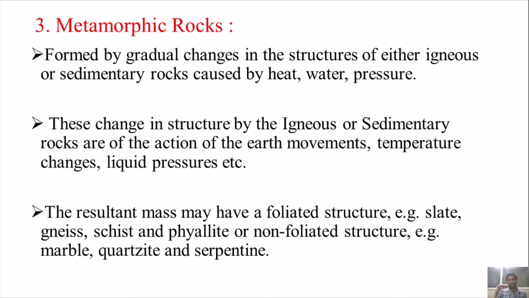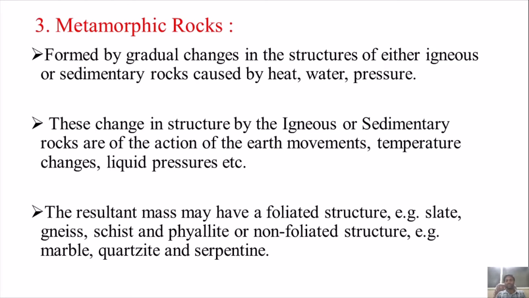What is the metamorphic rock then? Metamorphic rock is formed by the gradual changes in the structure of either igneous rock or sedimentary rocks caused by heat, water or pressure. Due to the heat, this metamorphic rock forms.